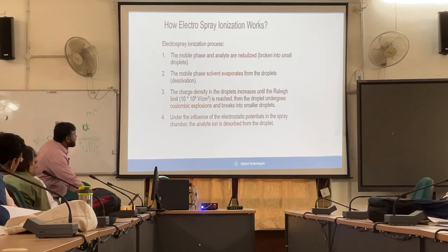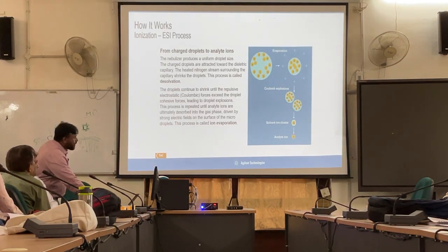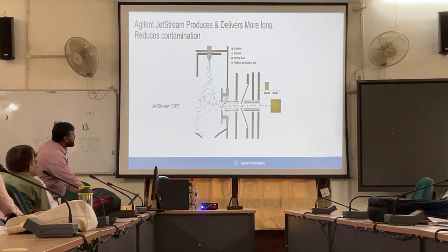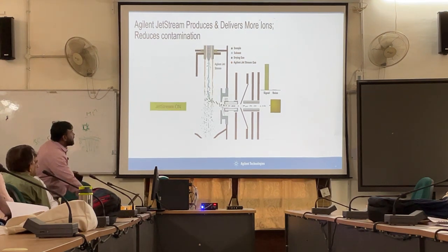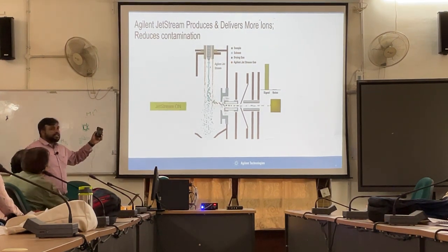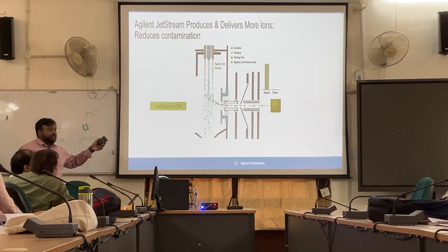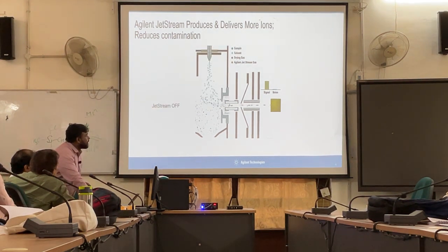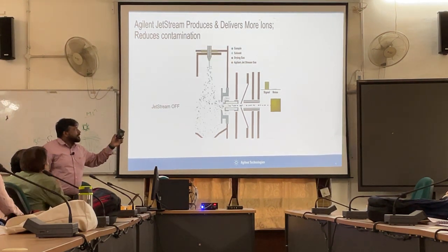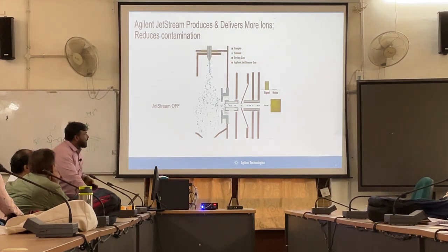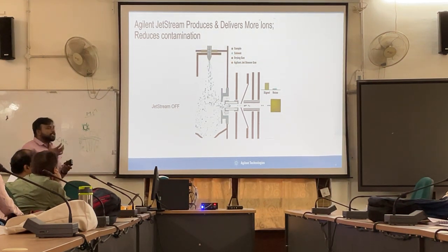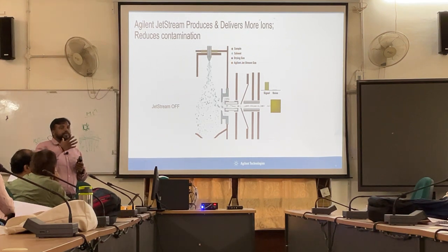How does this AGS differ from the normal ESI? We have an extra heated nitrogen gas in it. If we are using normal ESI, the signal intensity is a bit low. Why is it low? Because the desolvation capacity is low compared with AGS.